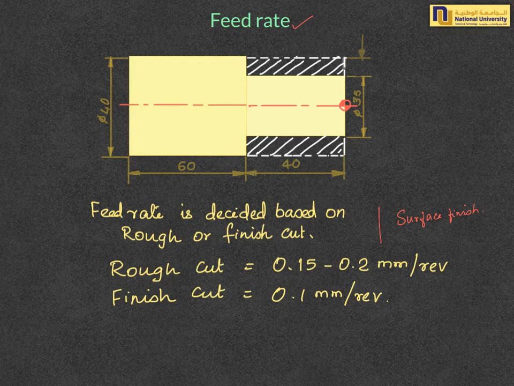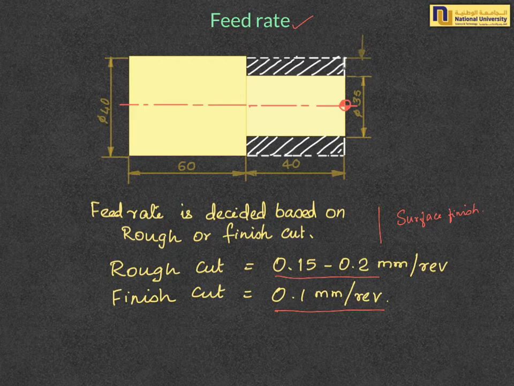So mostly roughing cuts are given a little higher feed and finishing cuts are given a little lower feed rate. Normally for a rough cut we can use 0.15 to 0.2 mm per revolution, and for a finish cut we can use 0.1 mm per revolution. This is the case for a lathe machine.